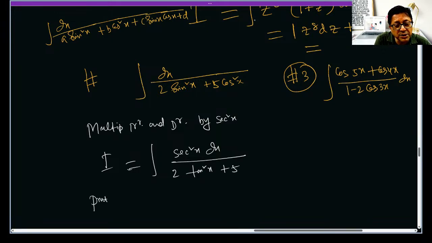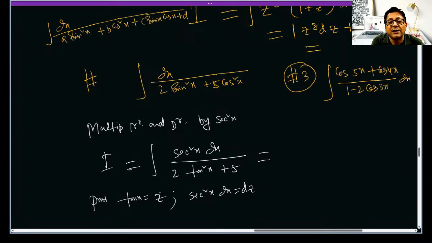Now make a substitution, tan x equal to z. So this implies sec square x dx equal to dz. So there it will be dz by (2z square plus 5). How to finish it?